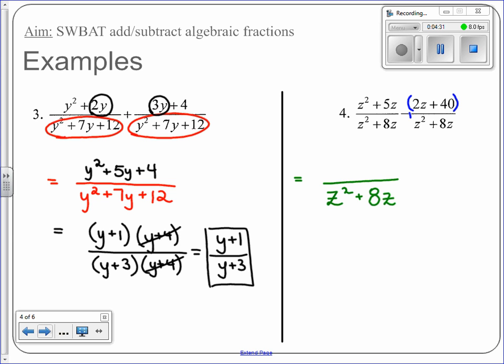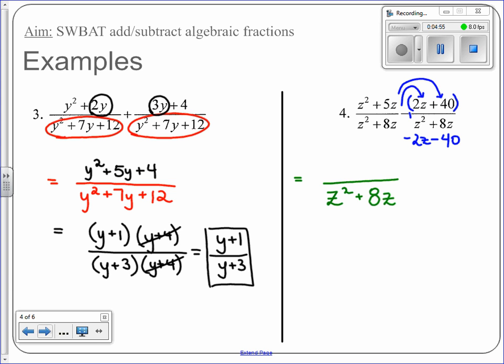The only detail that you have to watch out for with subtraction is to distribute that -1 first. Without that, you're not going to be able to combine like terms correctly. So make sure that you are distributing that -1 like so. That will leave you with -2z minus 40 in that numerator.